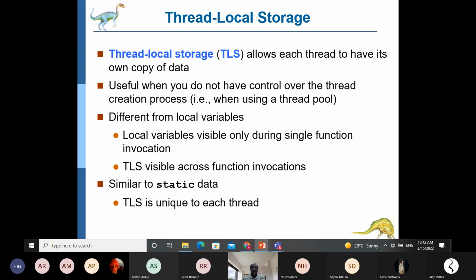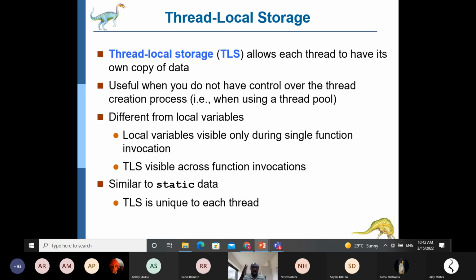That kind of data is known as thread local data, because otherwise, if they share the data offered by a process, that data will be treated as global data. If those global variables are used by threads, then the next time the same data is used by some other thread, there will be inconsistency, and that leads to a problem.